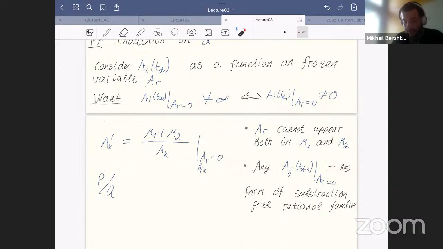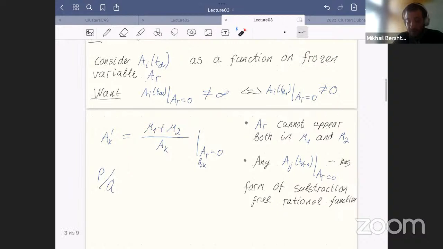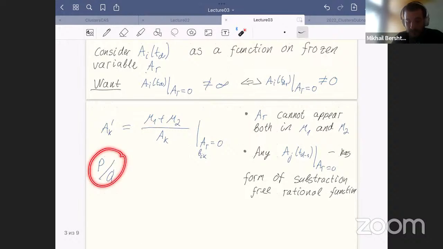In the base, in the initial step, this is obvious. And then if we perform some mutation, we get an expression like this. And you see, here we have only summations. If we add subtraction-free expressions, we again get a subtraction-free expression.